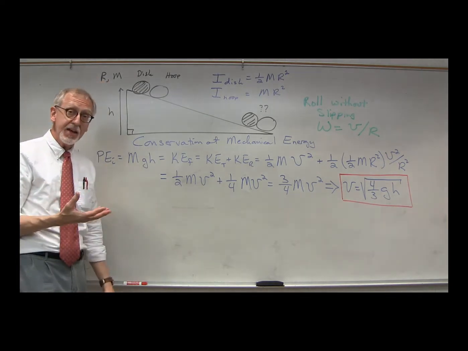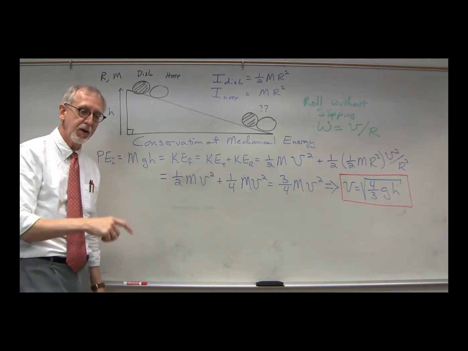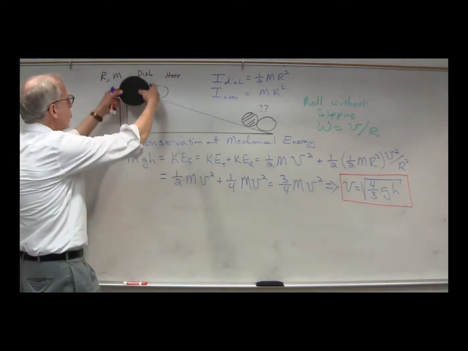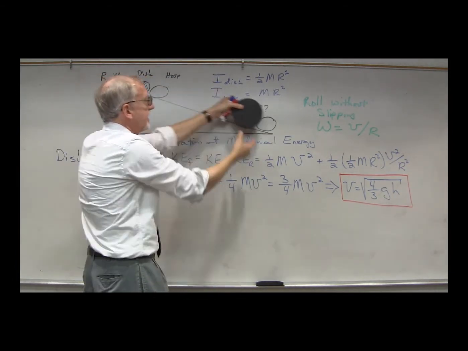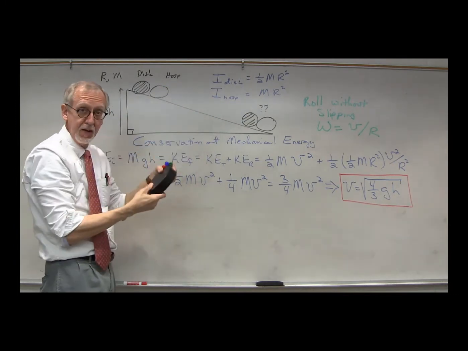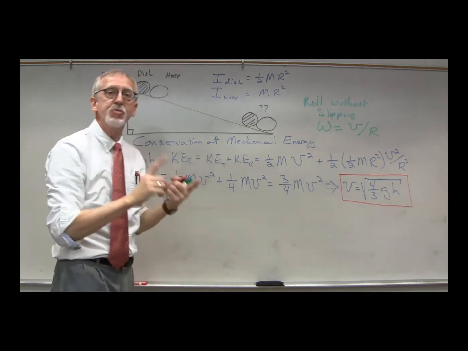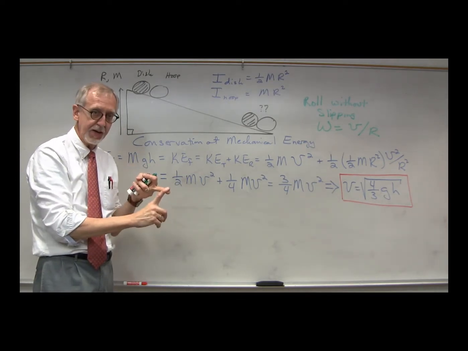Now, the kinetic energy has a translational part and a rotational part. As the object rolls down, it's going to be translating. The disk is moving translationally, but it's also rotating. So it's going to have some translational kinetic energy and some rotational kinetic energy.